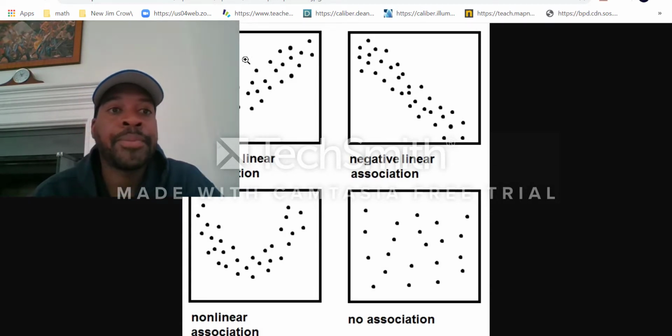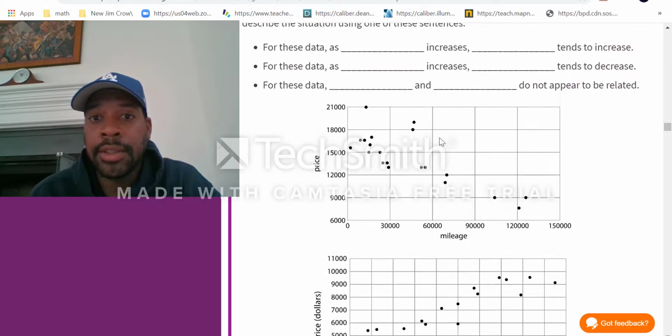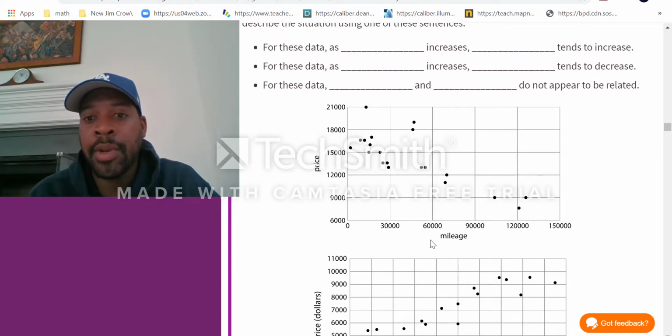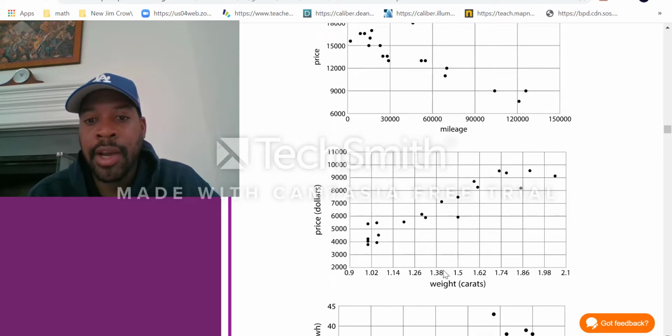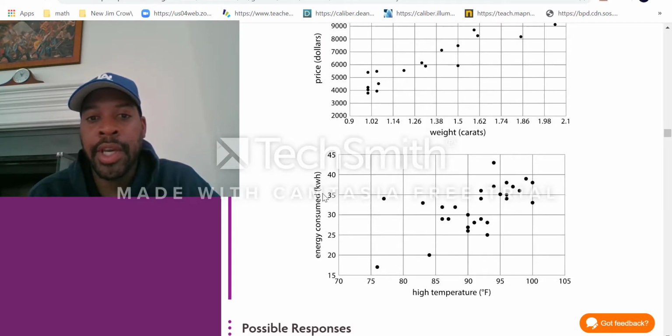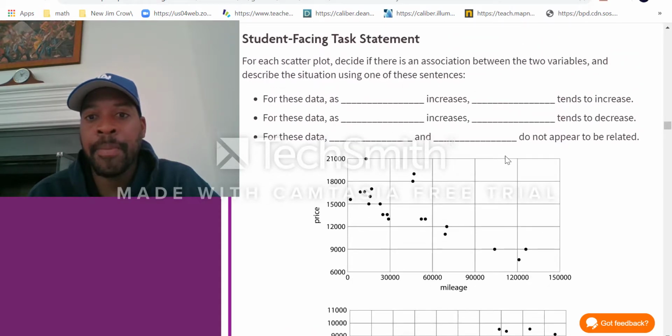All right. So when we go back, you'll look at these three questions here, and you're looking at these graphs, and you are associating what's happening with the price and mileage, or the price and weight in carats, or the energy consumed and the temperature. So something's increasing as something else tends to increase. Something is increasing as something else tends to decrease.